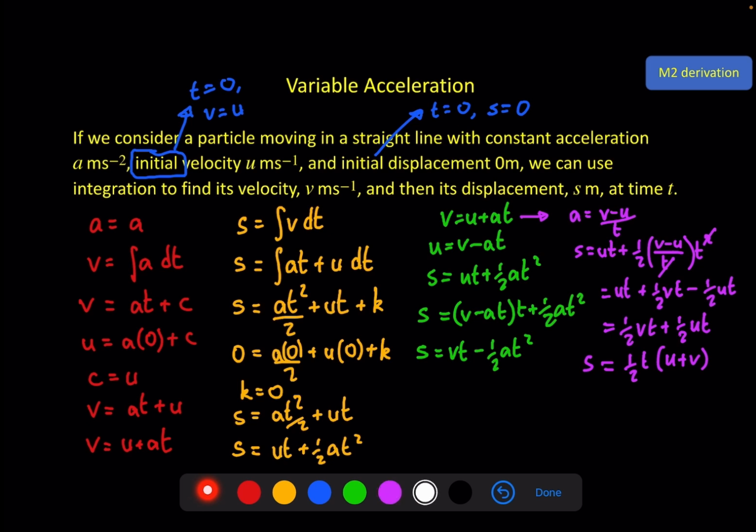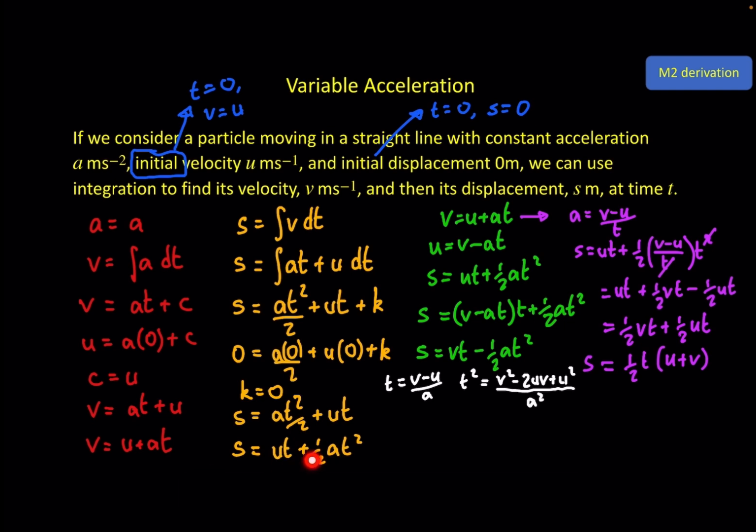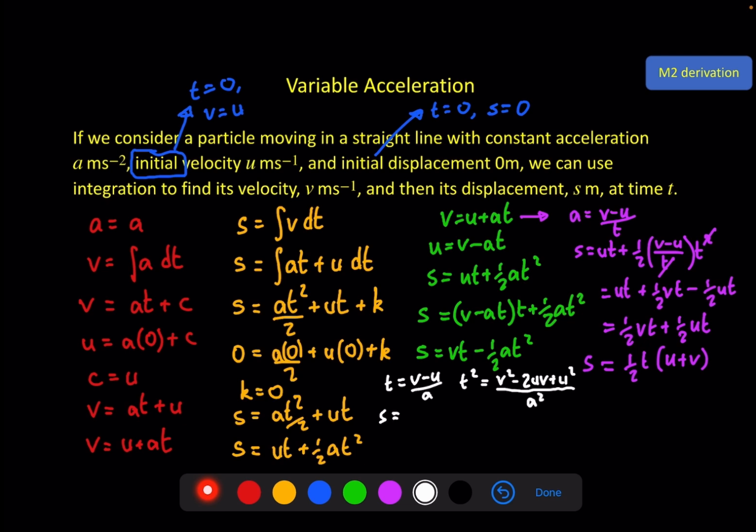Finally, if we rearrange it instead to make t is equal to v minus u over a, therefore t squared is v squared minus 2uv plus u squared all over a squared, and substitute it into here, we get s is equal to u times t, so that's uv minus u squared over a, plus a half times a times t squared, so a half times a times this expression, and the a will cancel with one of the a's on the bottom, and the half will put a 2 there as well.